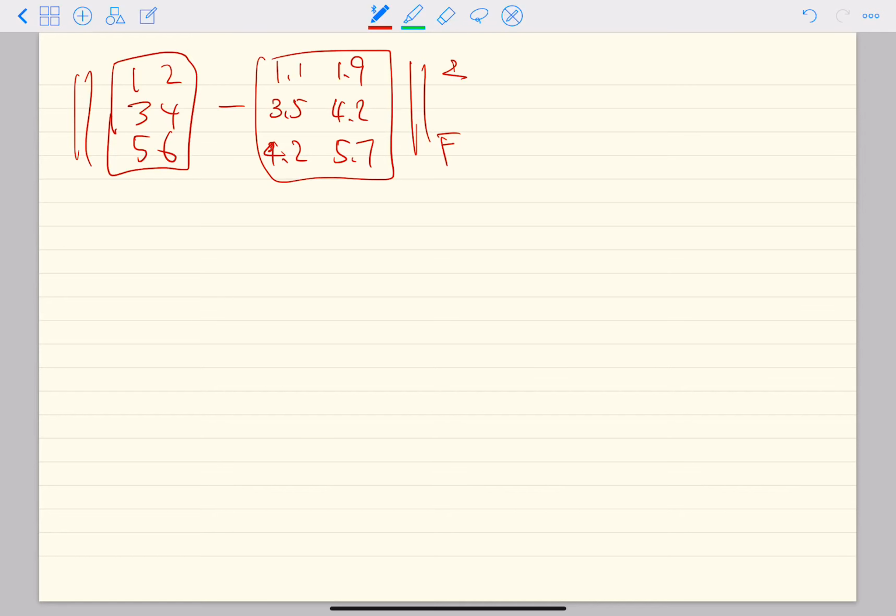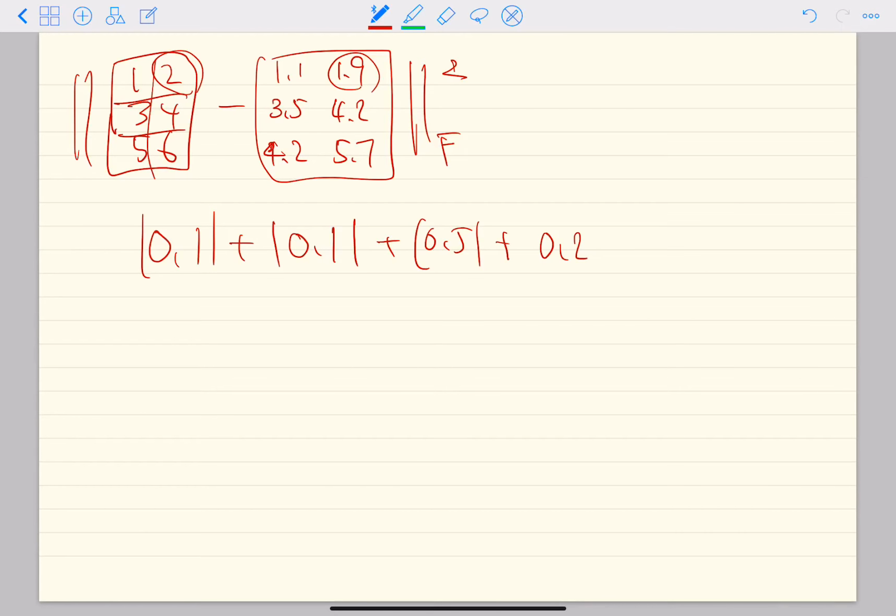Take the differences, compute their squares and sum them up. But what if we consider their one norm, basically 0.1 in absolute value, and 0.1 coming from here, and then 0.5 and 0.2 and so on. So this is basically the one norm that we are familiar with, right?